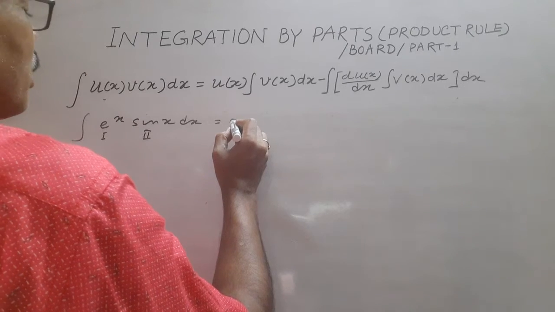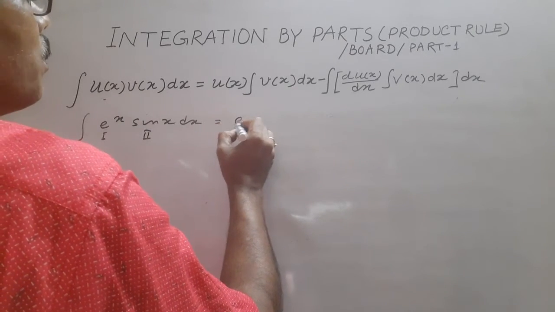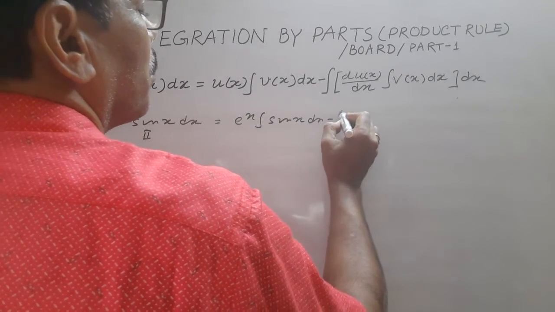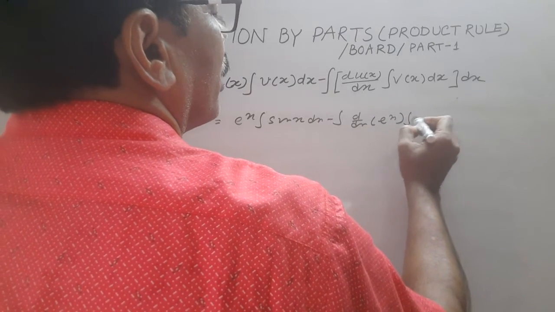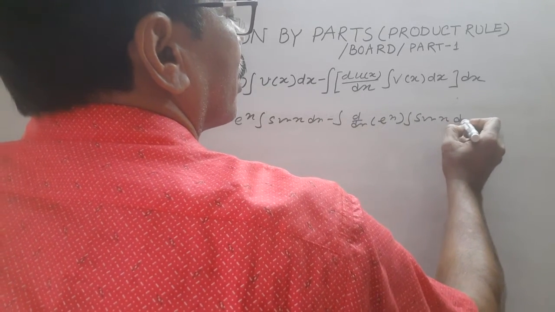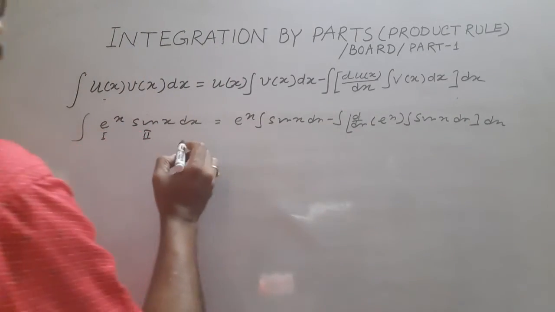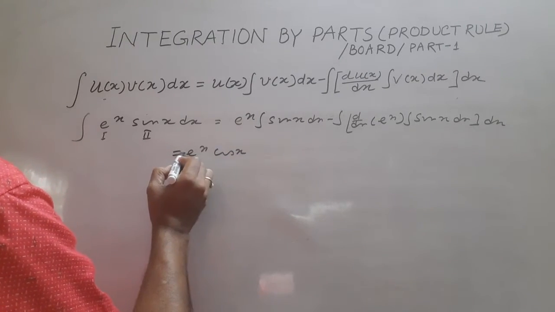So e to the power x integration of sin x dx, minus d/dx of e to the power x, integration of sin x dx, total dx. So e to the power x cos x with negative sign.